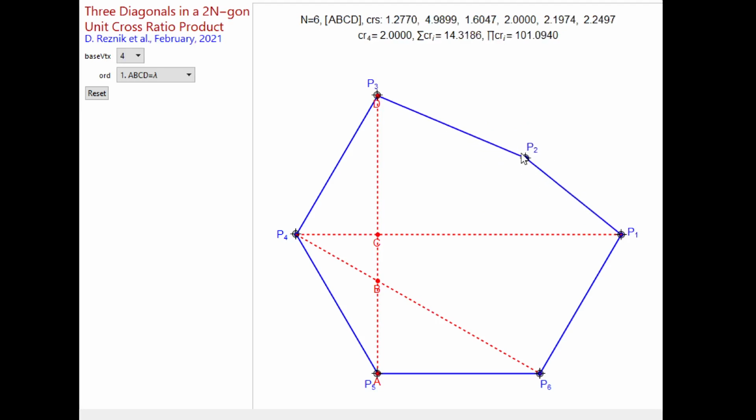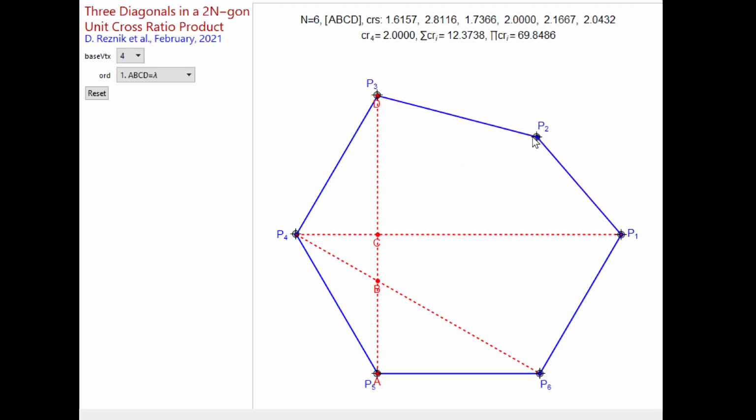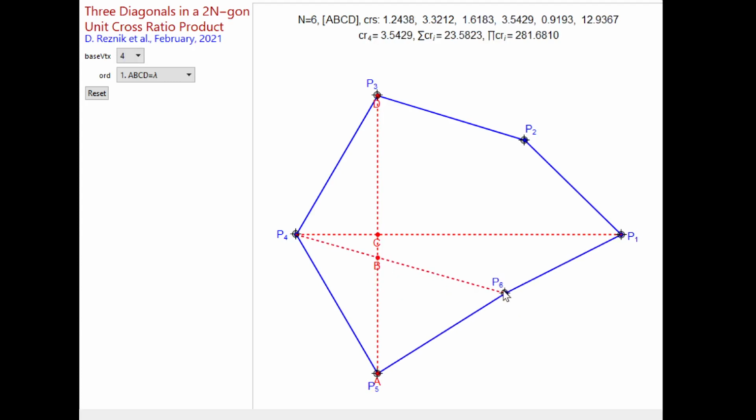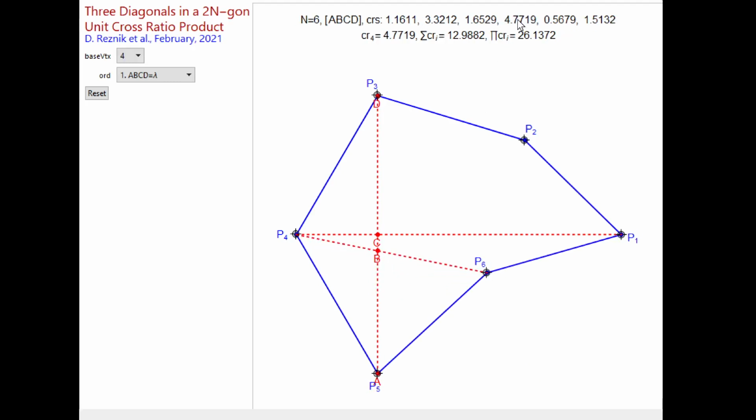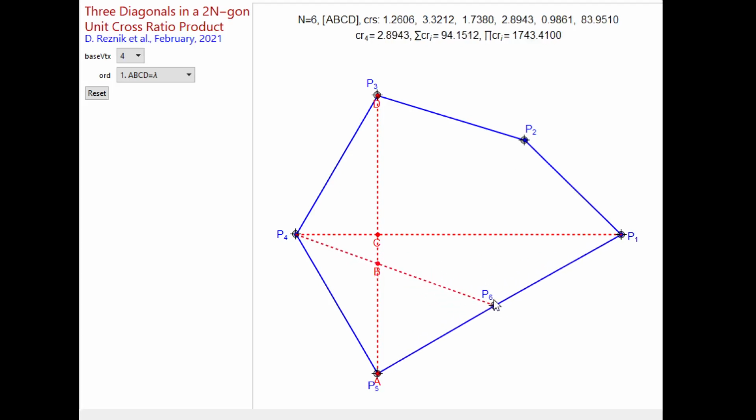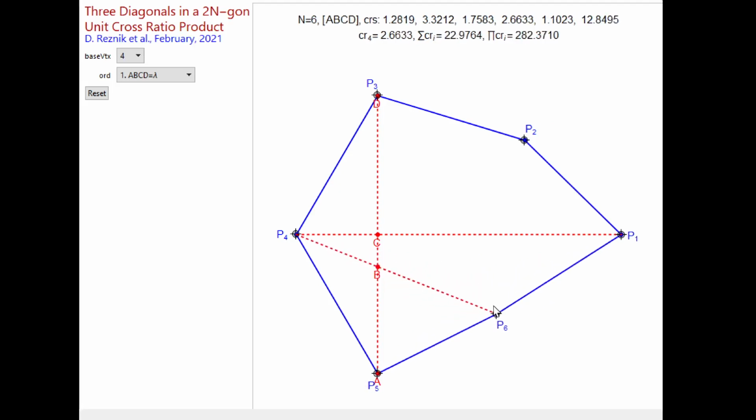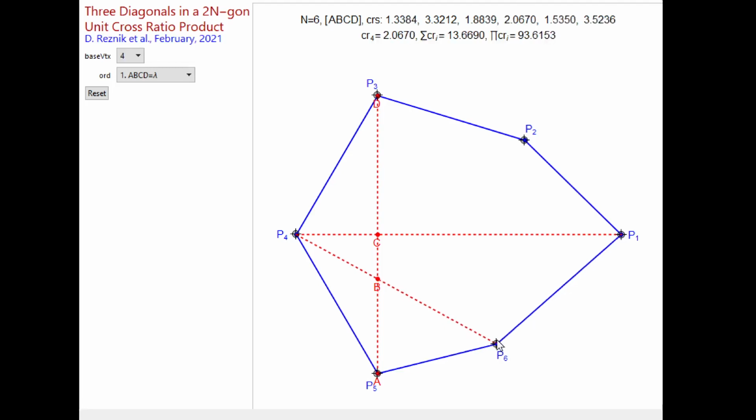Now, the moment I touch any one of the remaining 5 vertices, you're going to see that this 2 is going to get disrupted. So for example, let's move P6 a bit. Now I'm no longer with a 2 over there. Notice that as I move P6, there's one of the cross ratios that is unaffected. That's the cross ratio with respect to the second vertex.